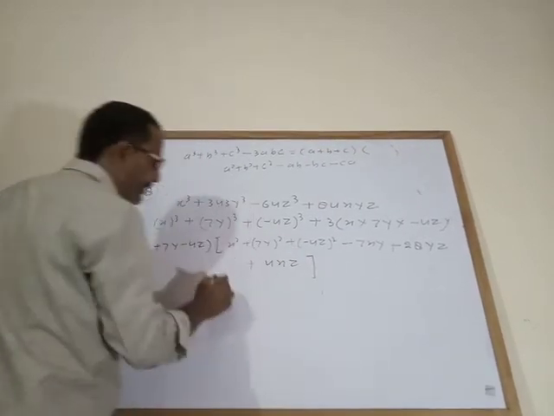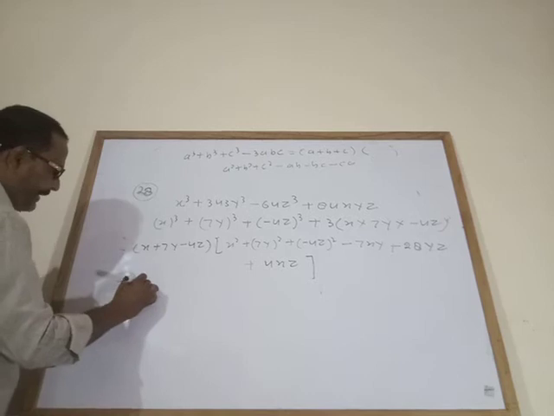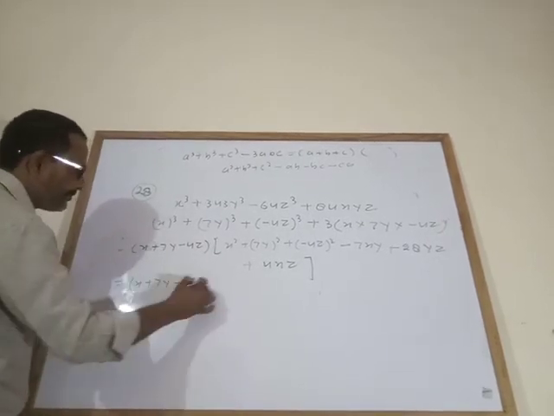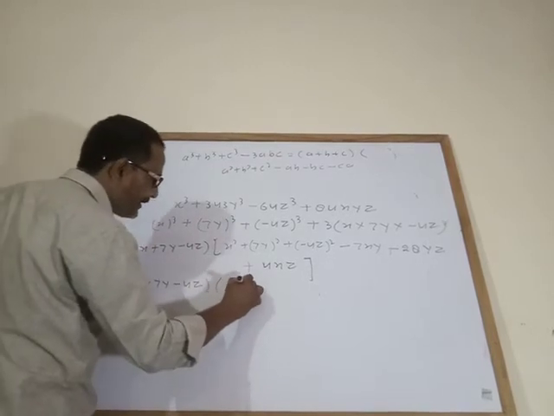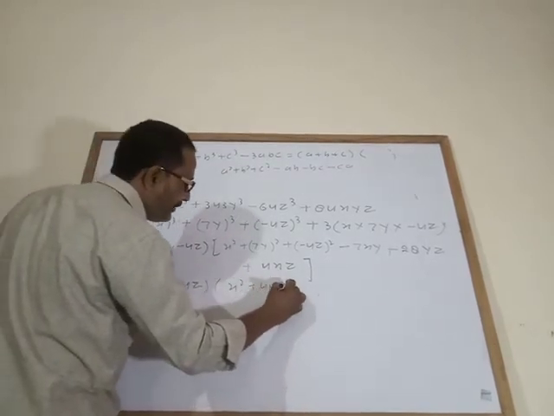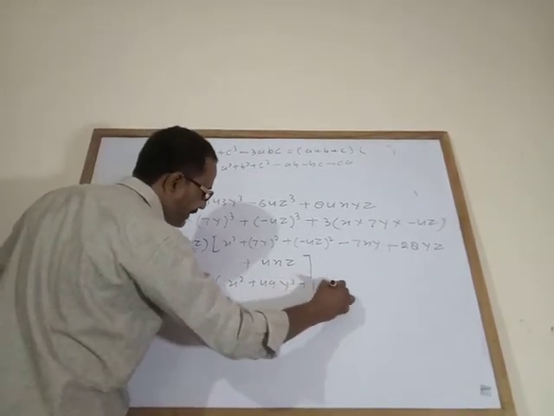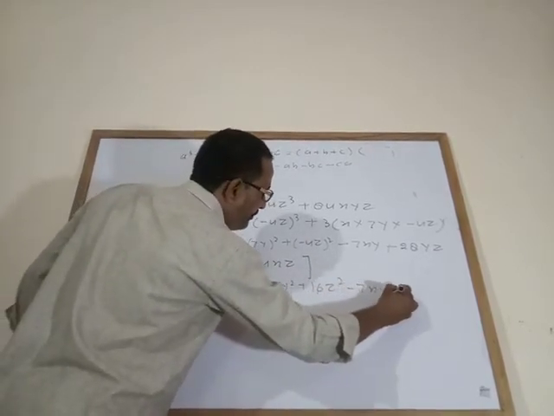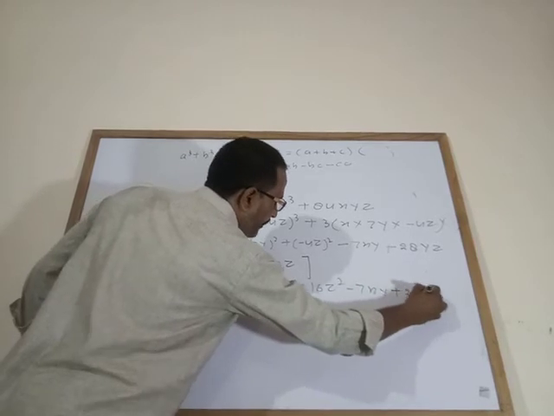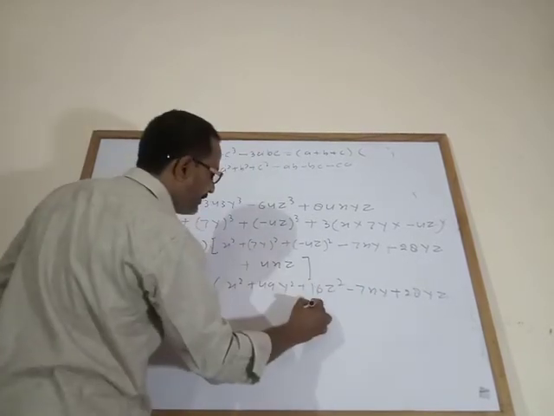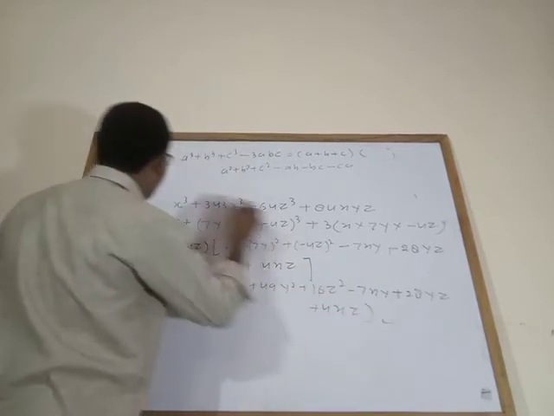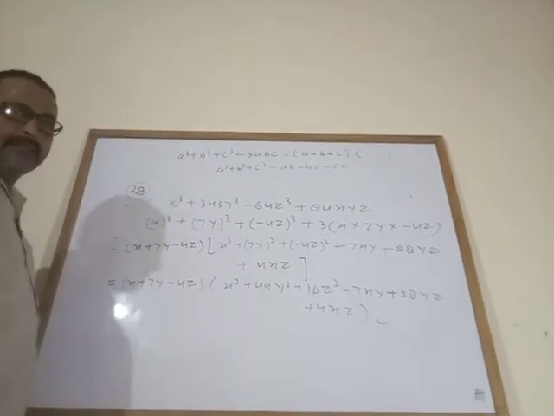One more line: x plus 7y minus 4z times x square plus 49y square plus 16z square minus 7xy plus 28yz plus 4xz. This is the solution of question number 28.